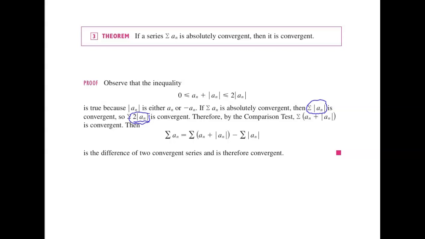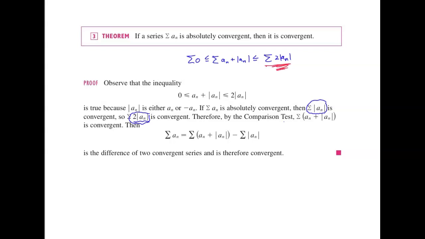And so then what we're saying is that sigma an plus absolute value an has to be in between sigma 0, which is definitely convergent, you're just adding up zeros, and sigma 2an, which we just said is convergent. And therefore, by the comparison test, that middle one has to be convergent, right?